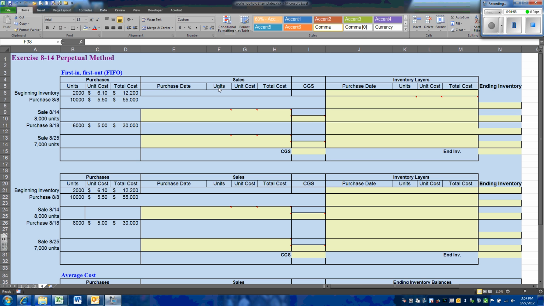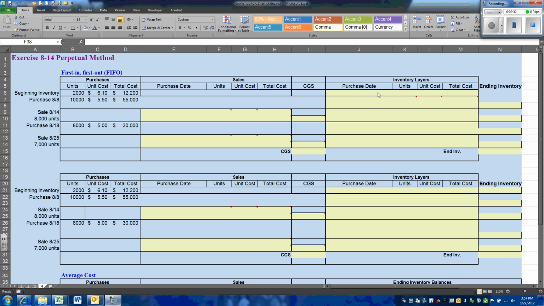From each layer of inventory, we'll take the number of units coming from that layer, the unit cost and the total cost, to determine our cost of goods sold. Finally, our last set of columns looks at what's going on in the inventory account, and we'll use layers for each, and at the conclusion of each inventory transaction, either a purchase or sale, we're going to use those layers to determine the ending inventory.